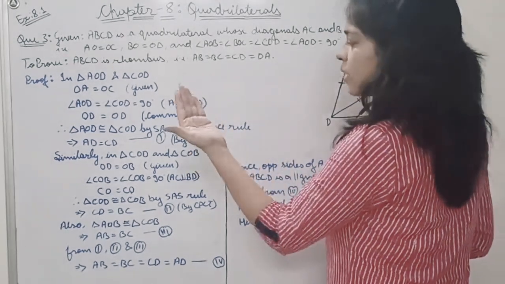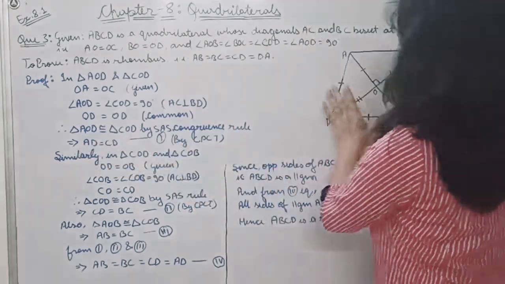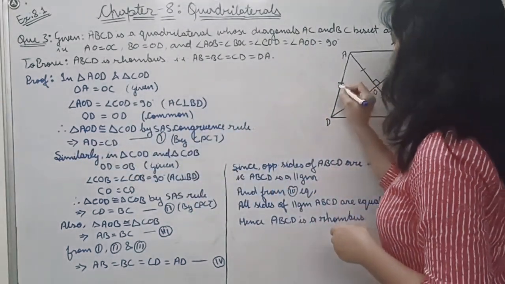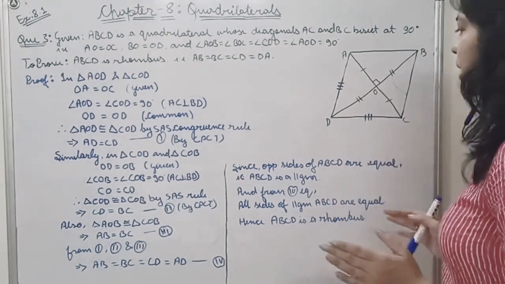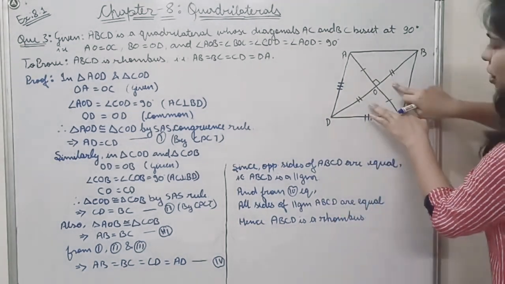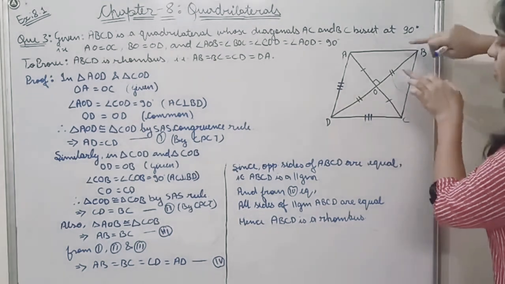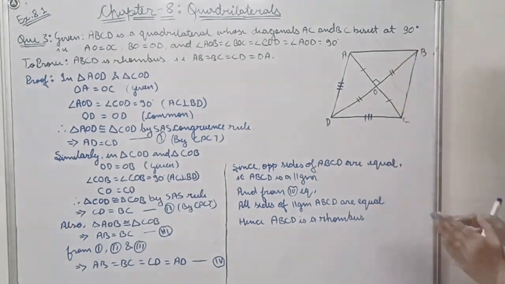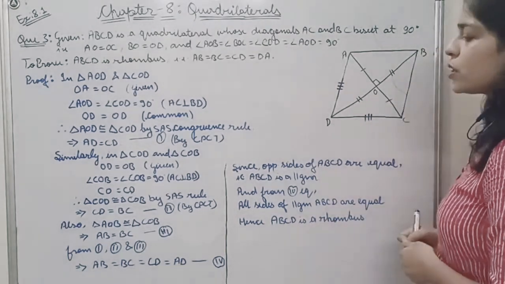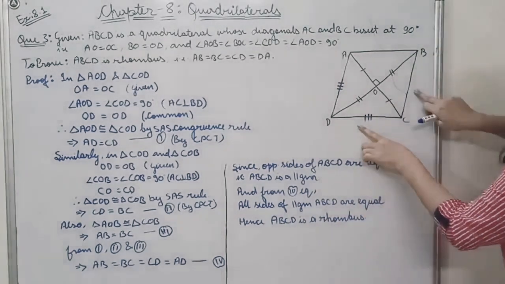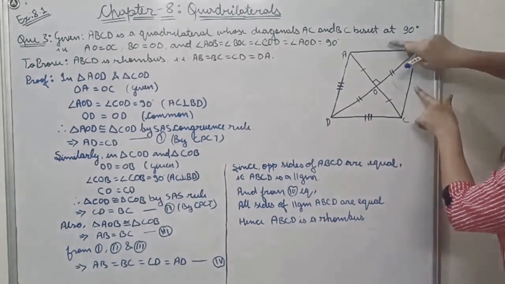As CPCT are equal, so AD is equal to CD. Now similarly we'll consider these two triangles also, and further we'll consider these two triangles also, and we'll prove them congruent. After proving them congruent by SAS congruence rule, we'll get this side equal to this side, and for these two triangles we'll get this side equal to this side.